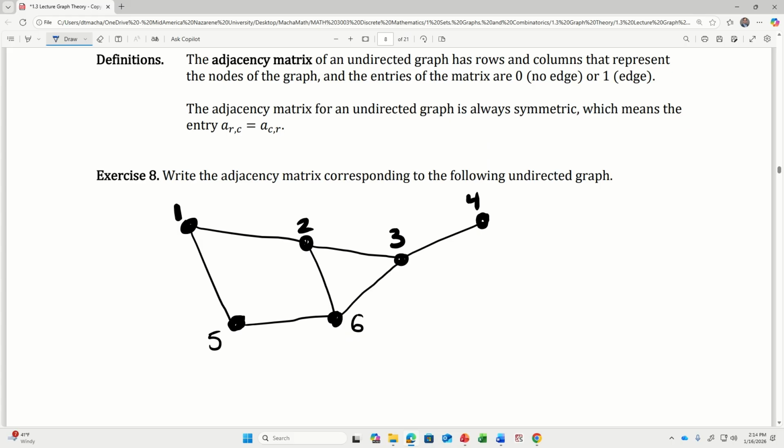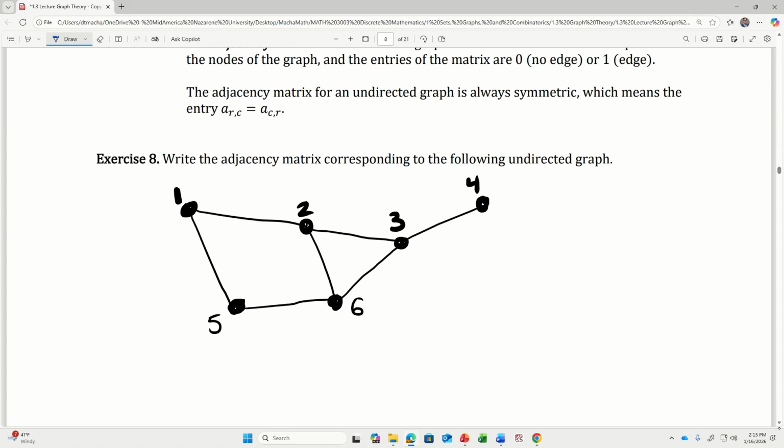The adjacency matrix of an undirected graph has rows and columns that represent the nodes of the graph, and the entries of the matrix are either 0 where there's no edge or 1 where there's an edge. The rows and columns of the matrix represent the nodes of the graph.